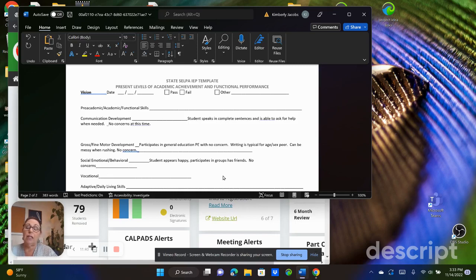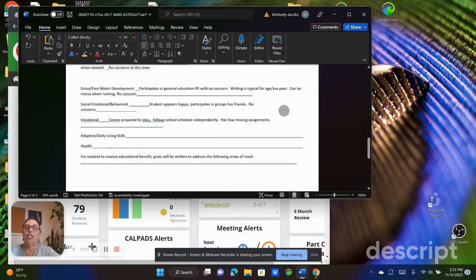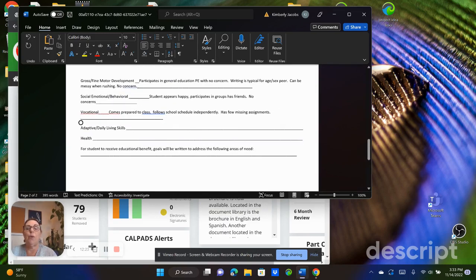So vocational things, if I'm imagining a sixth grade student, vocational things that they would be responsible for: comes prepared to class, follows school schedule independently, has no missing assignments, or you could say few. So those are, it's kind of their job right now to be in school. So we're going to document how they're doing at being in school.